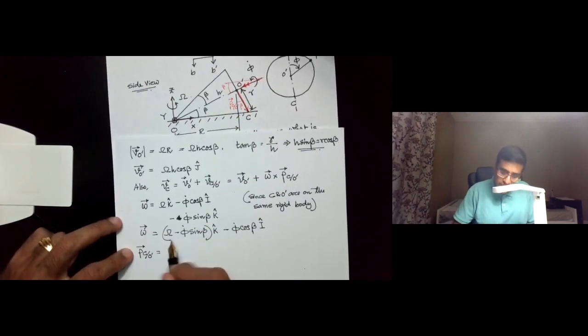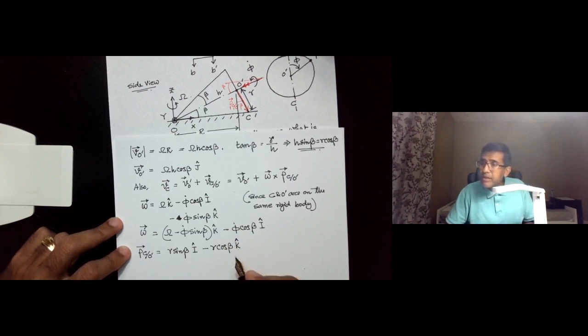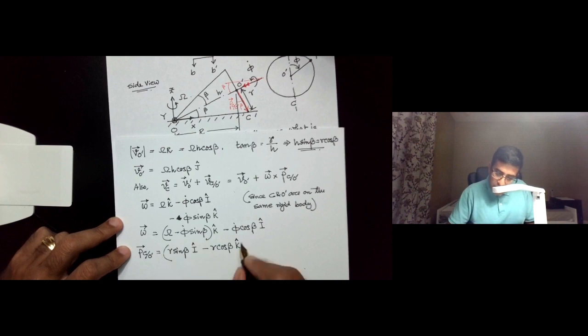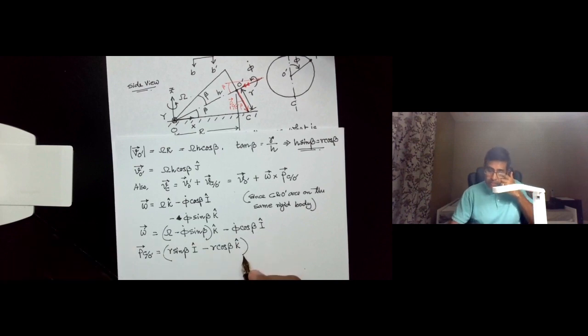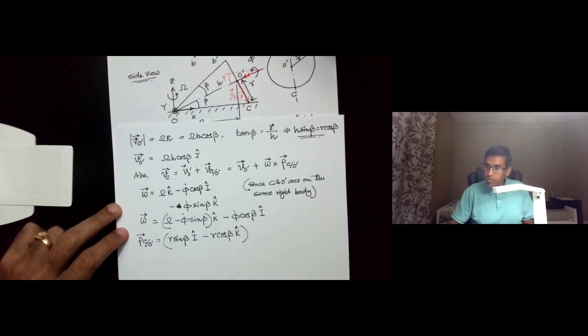So you can then say that c with respect to O prime is r sine beta I minus r cosine beta k. Let me just check. Yes. So that's the rho c with respect to O prime.